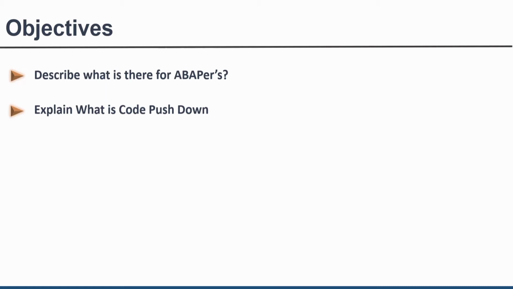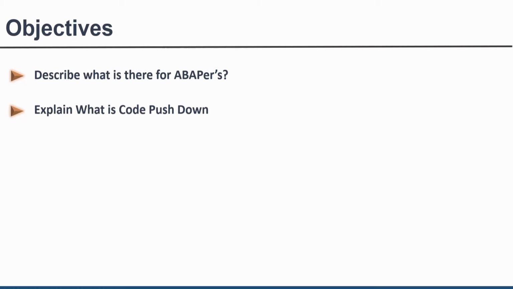I'm sure by this time you must have already watched the first four videos for introduction to HANA. And in those videos you have already learned what is HANA, why we need HANA, what are the features of HANA, what you can do with HANA, what is the architecture of HANA, what is S4 HANA, what are the different replication techniques for HANA.